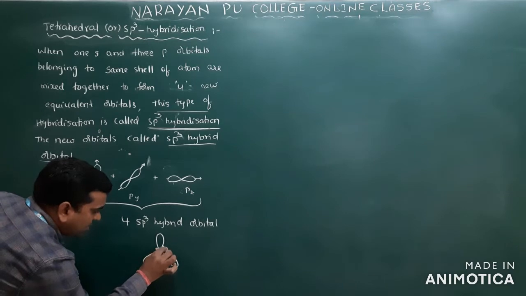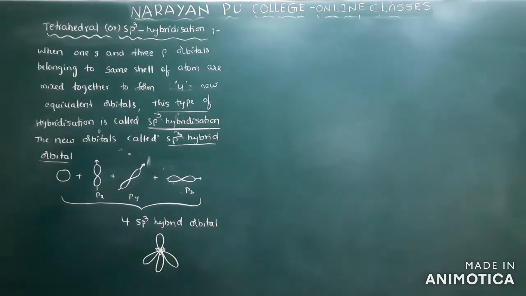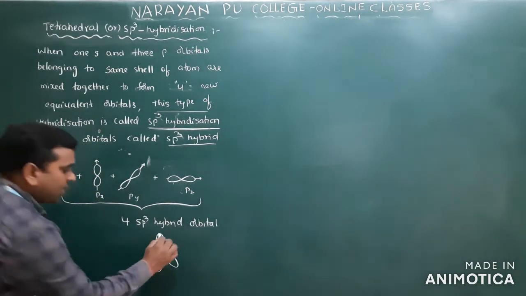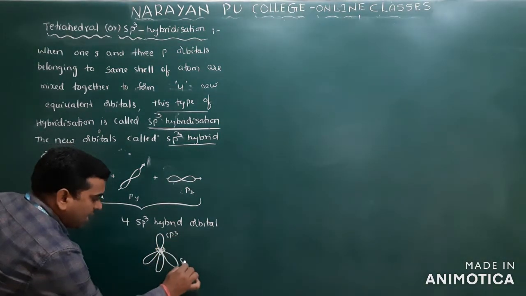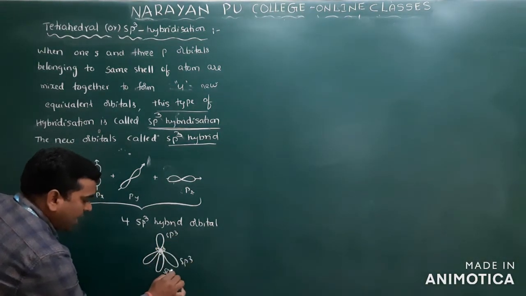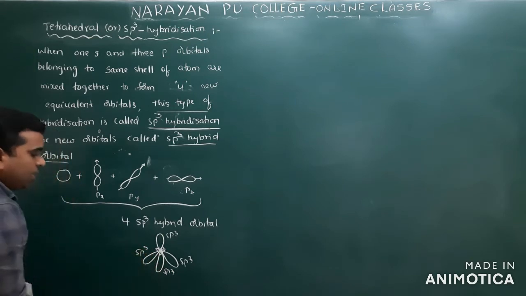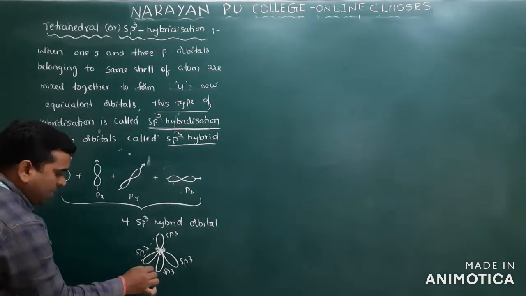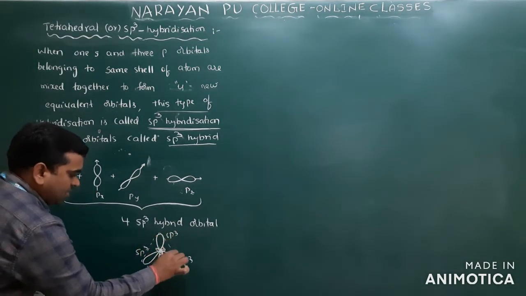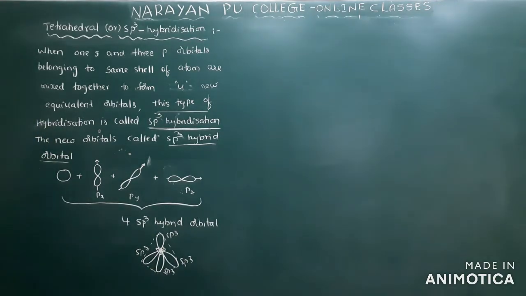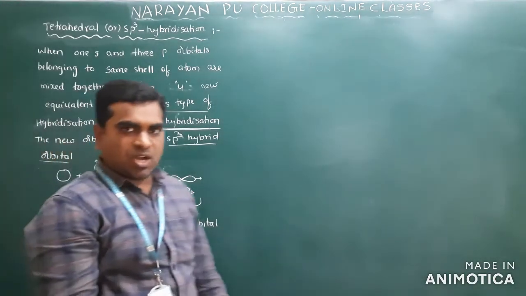Back side means I will write just one lobe here. Clear? These are all sp3 hybridized orbitals. So what is the shape of this sp3 hybridized orbital? Tetrahedral shape. Now we will take one example.